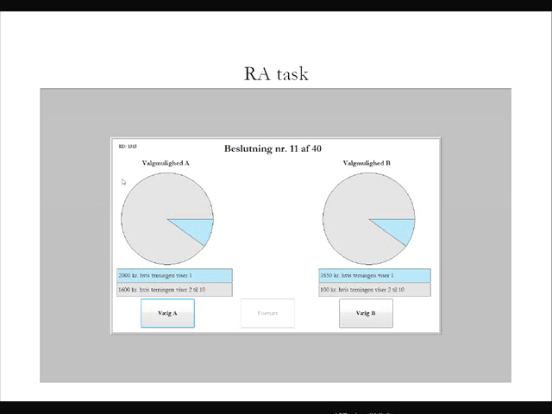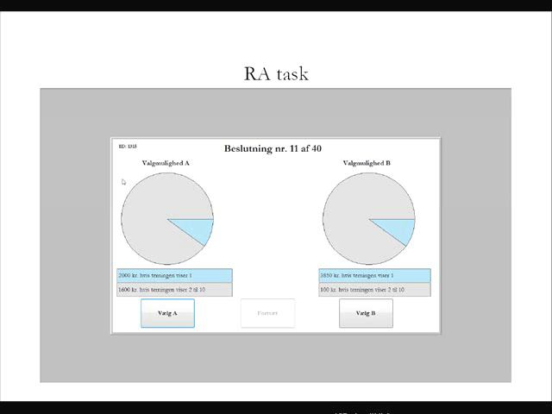And under option B, it says that there's a 10% chance of receiving 3,850 and a 90% chance of receiving the lower amount of 100 kroner. If you divide these amounts by 4, then you have these amounts in New Zealand dollars.